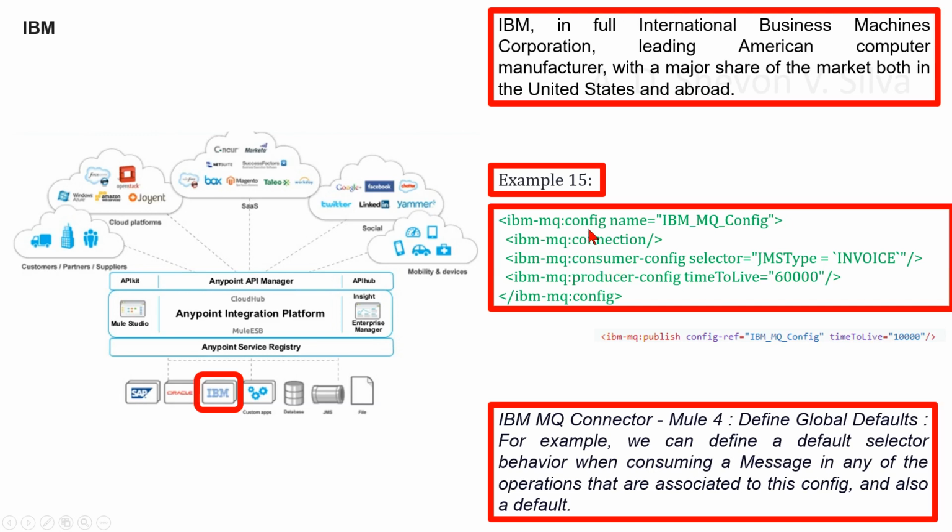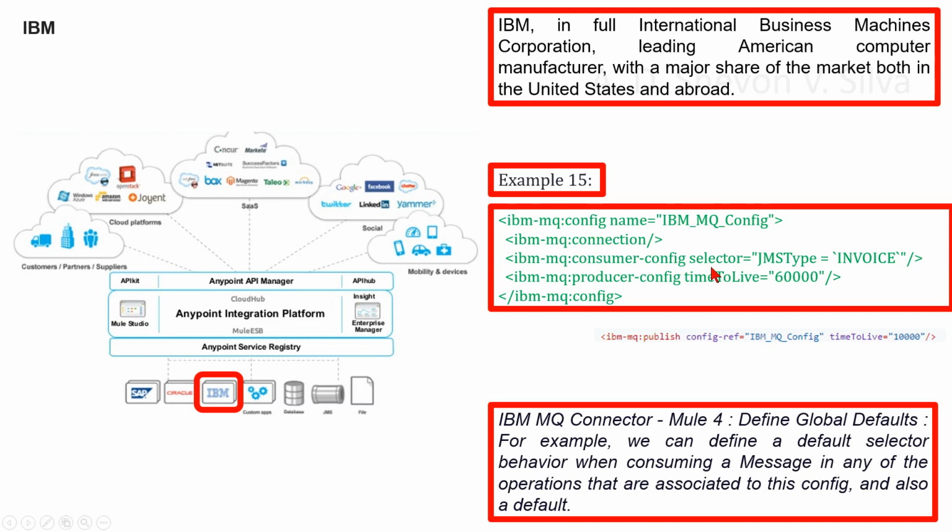For example, we can define the default selector behavior when consuming a message in any of the operations that are associated with this config, and also a default TTL.